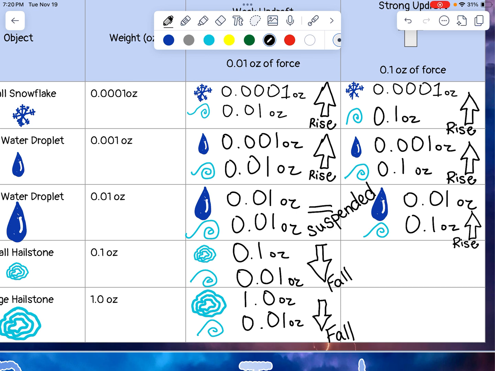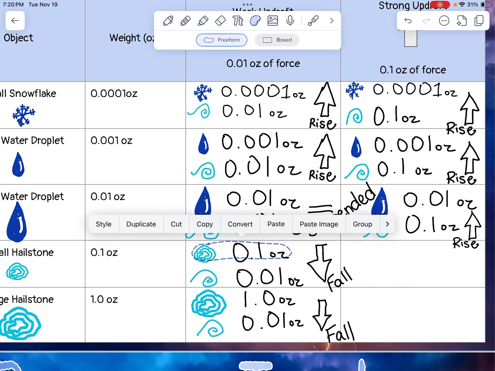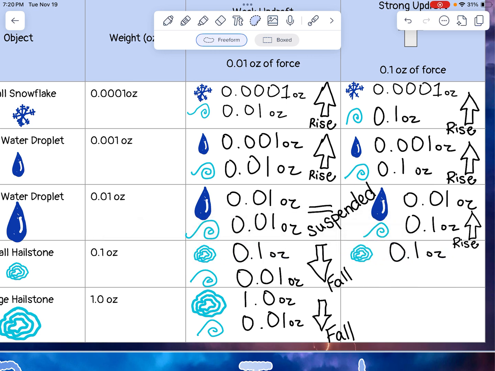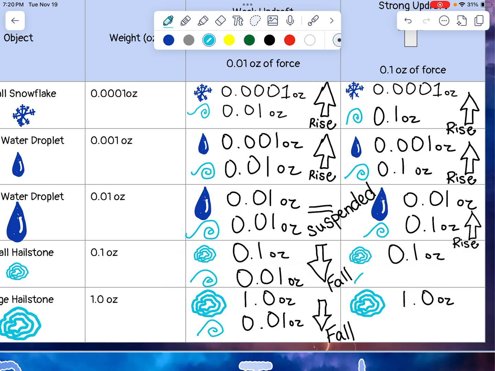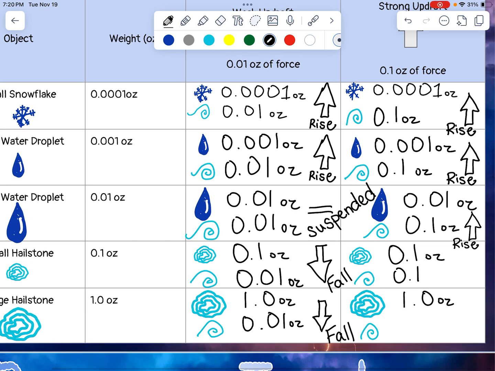Now, what's going to happen with the small hailstone? So we got the small hailstone. I might just copy paste two at once. Copy, paste. There's my large hailstone as well. Copy, paste. The force of my strong updraft is 0.1 ounce of force.